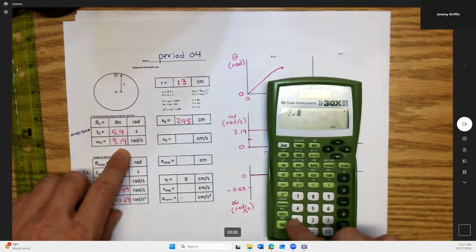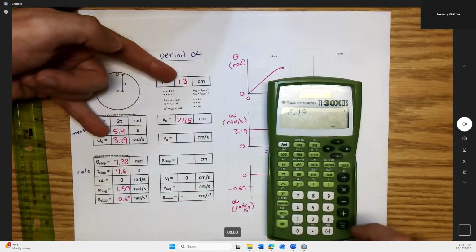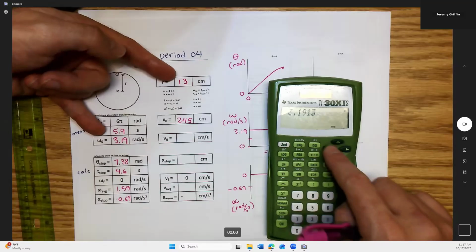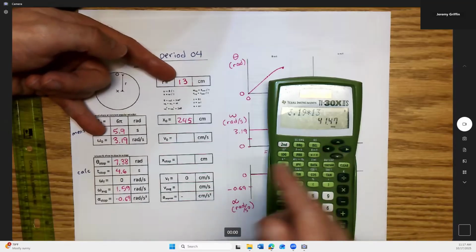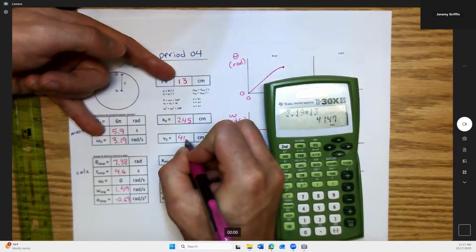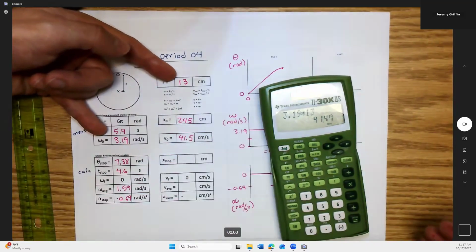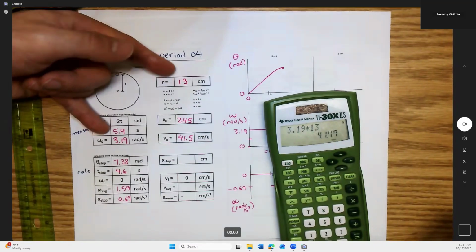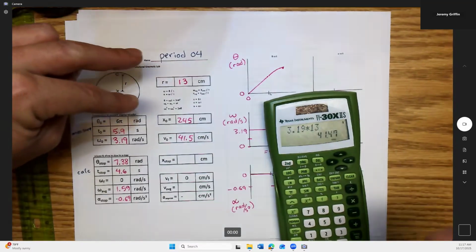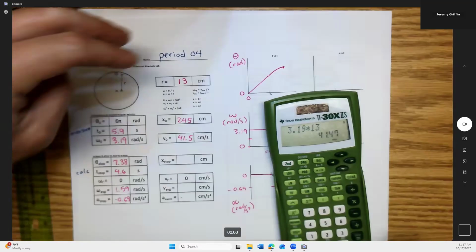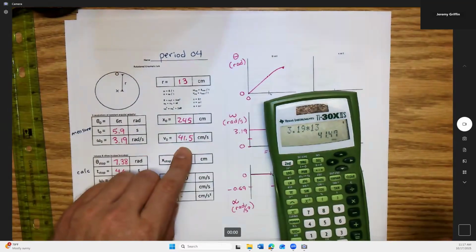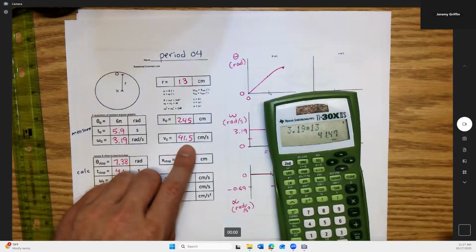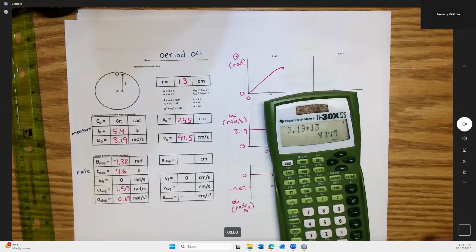Can I take my 3.19 radians per second, multiply by 13 centimeters out, and it tells me 41.5 centimeters per second. I'm rounding a little bit. So if I had a speed gate set up, and the coin goes through the speed gate, it's going to read about 41 centimeters per second, as a linear speed, a tangential speed.